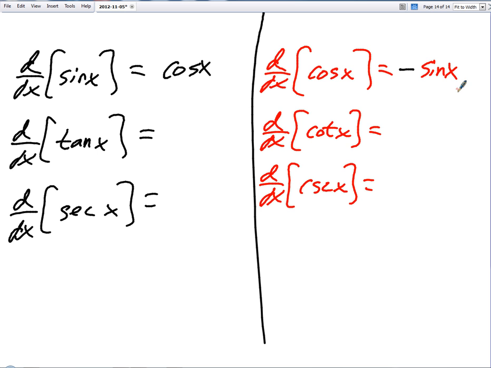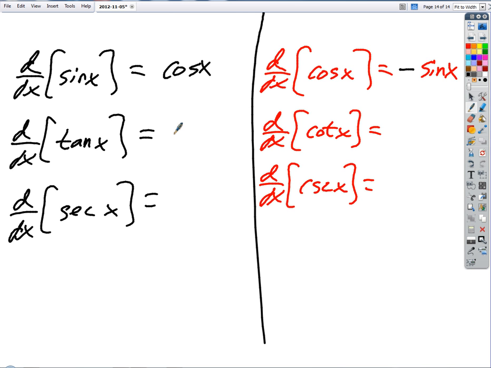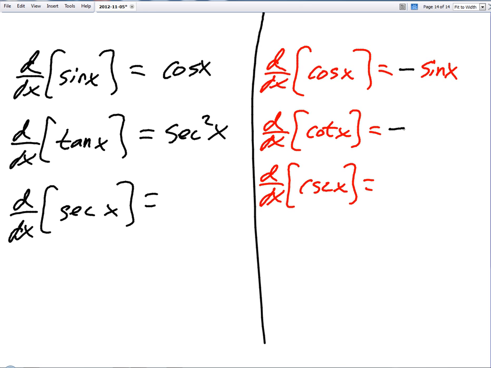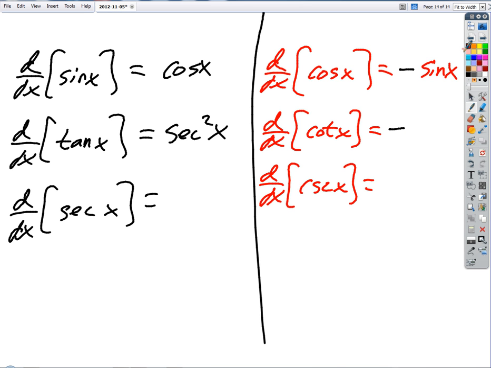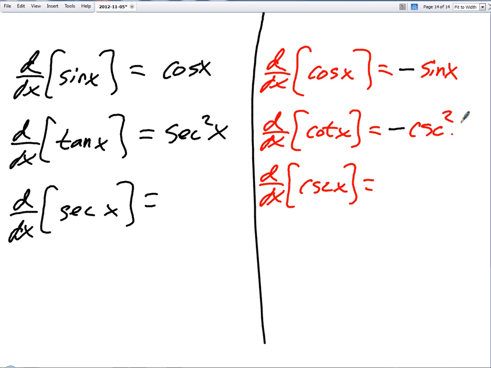How about tangent? Tangent, we said secant squared. So cotangent's got to be minus the cousin of secant, which is cosecant squared, right? So it's 6 for the price of 3. You know the 3 normal ones, you can always predict the other three.